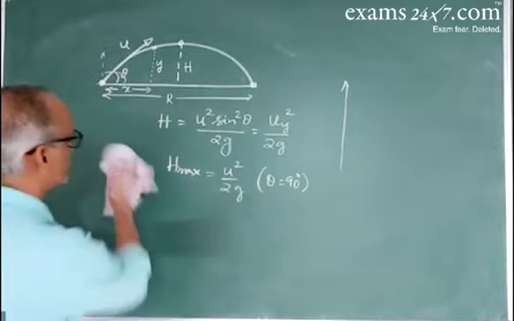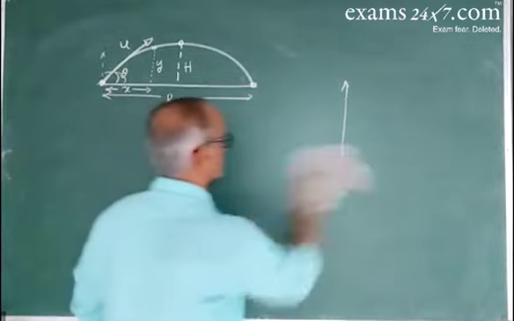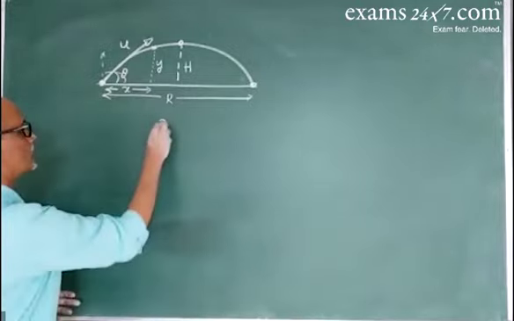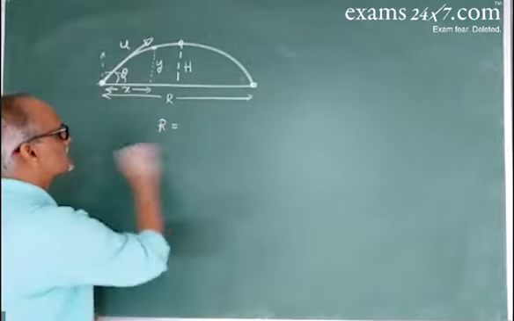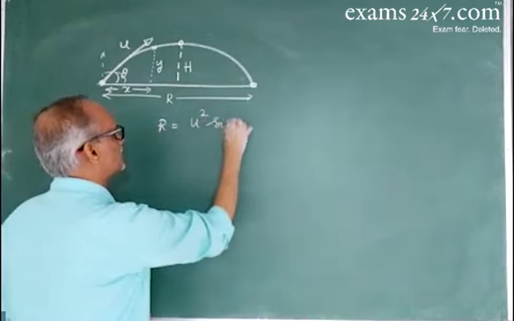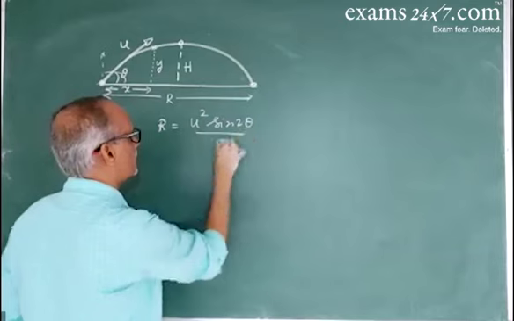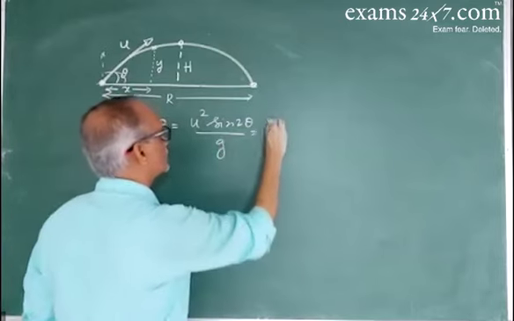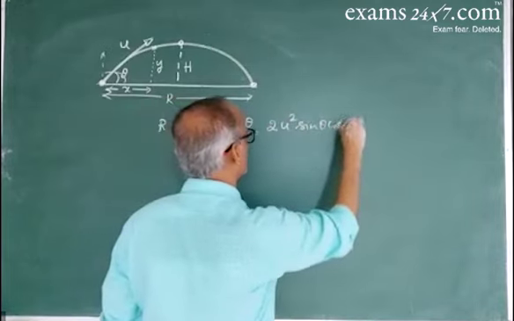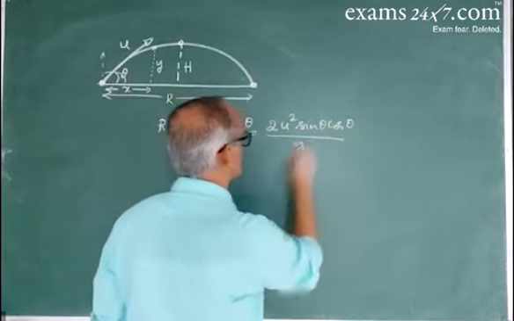So we have the term range. Range is given by R is equal to u square sine 2 theta by g. Now that's equal to 2u square sine theta cos theta by g.